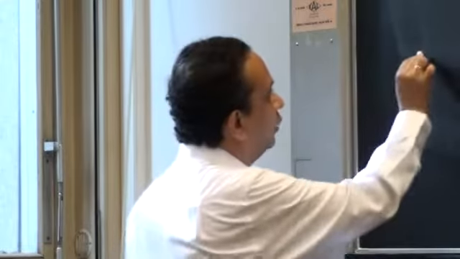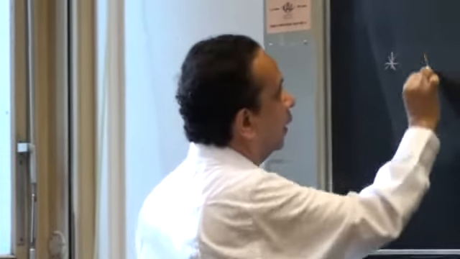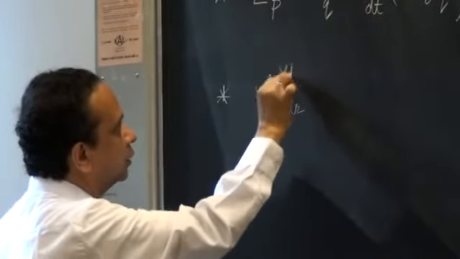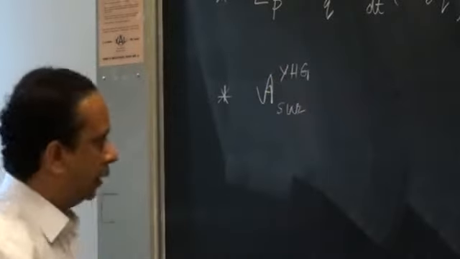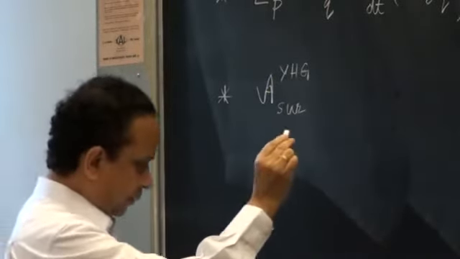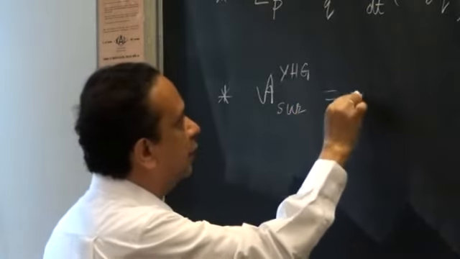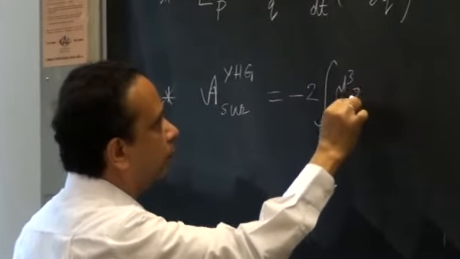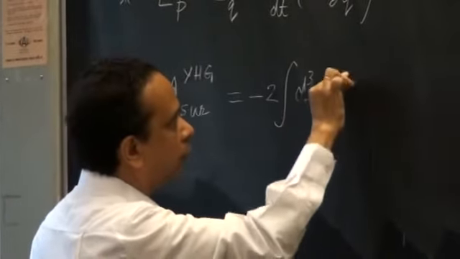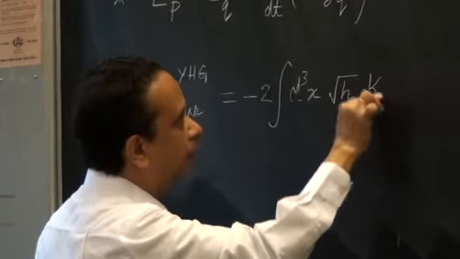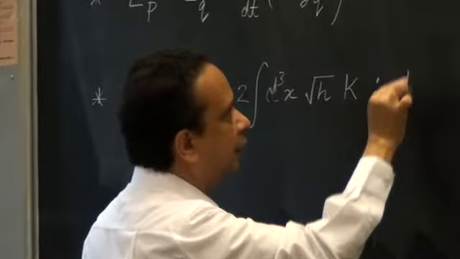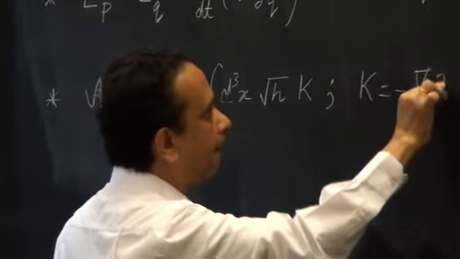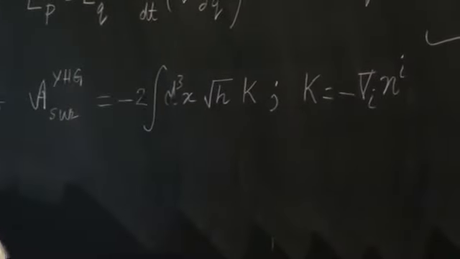The term which you want to add to this is an explicit surface term, which is York, Hawking, Gibbons, which is expressed as, in my notation, minus 2 integral over d^3x root h of a quantity called K, where K for me is defined as minus ∇_i n^i. So let me explain what this means.